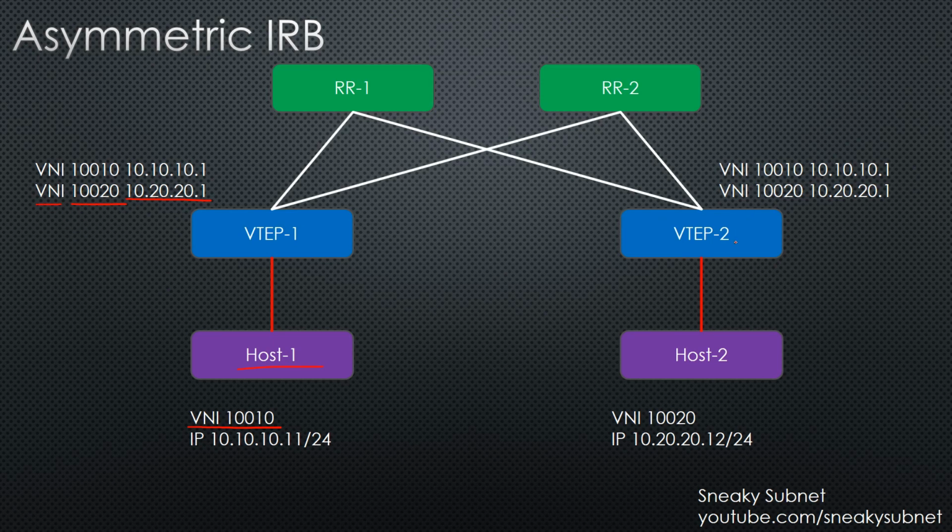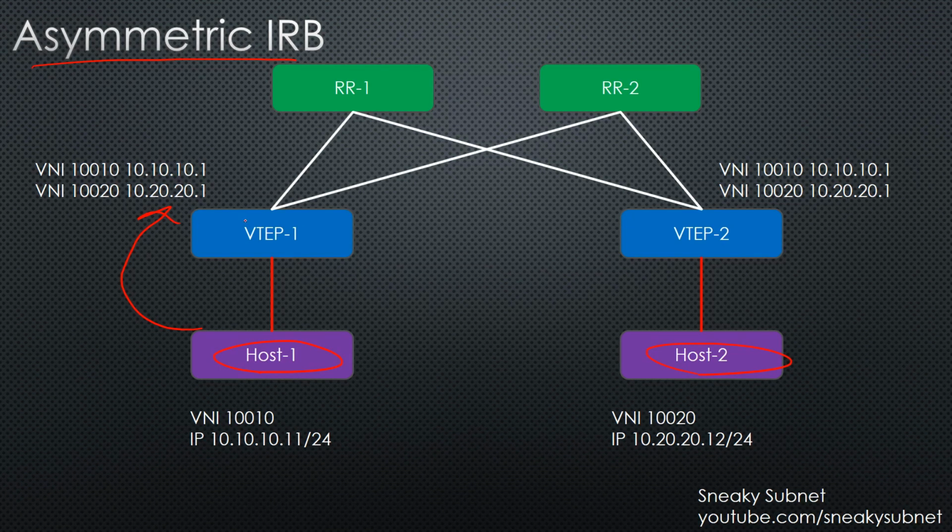The opposite story is VTEP 2. VTEP 2 has host number 2, which is inside VNI 120. It has the default gateway for that VNI, but it also has to have the default gateway for VNI 110. It happens because of the asymmetric nature. So what happens here? Host number 1 wants to talk to host number 2. It realizes that host number 2 is in a different subnet, so it needs to go to its default gateway.